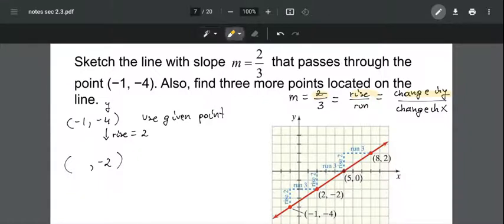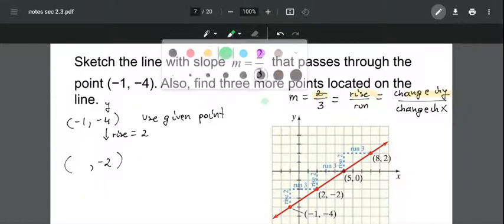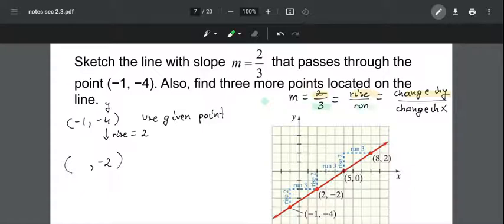Now run is equal to 3. That's the change in x. This is the x coordinate of the given point, so to get the x coordinate of the next point, we have negative 1 plus 3, and that gives us 2.